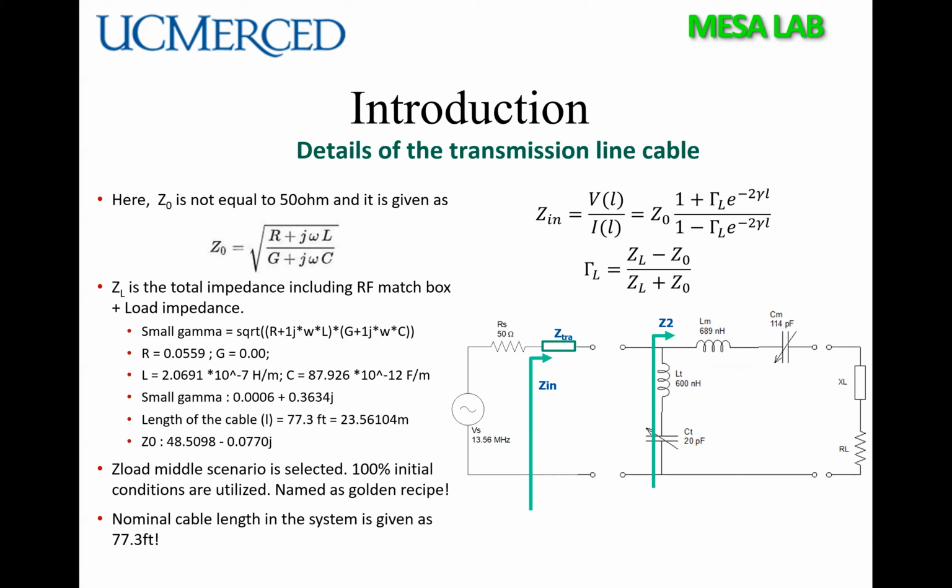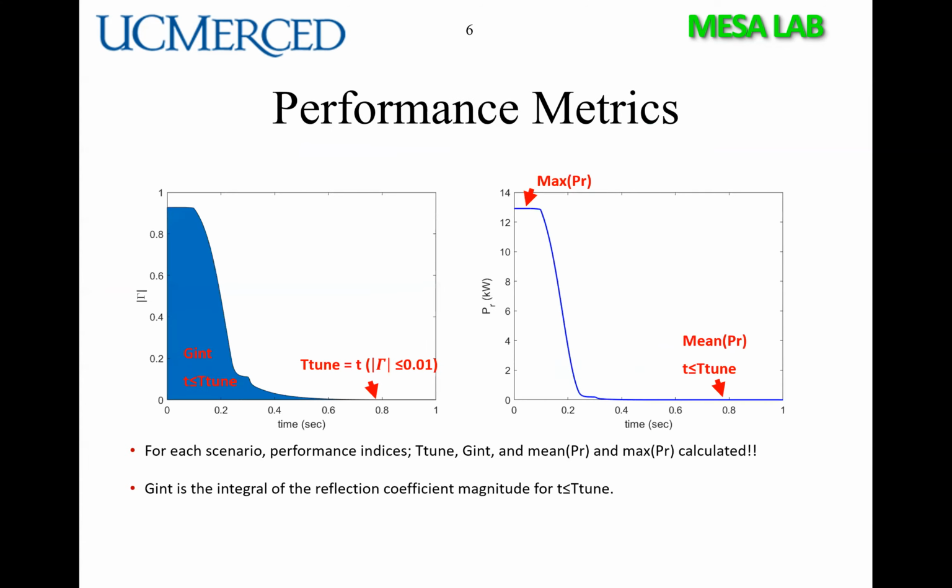But most of the time, it's very hard to use the same transmission line for different conditions because our load impedance is changing all the time, and it's not always the same for the nominal cable length.